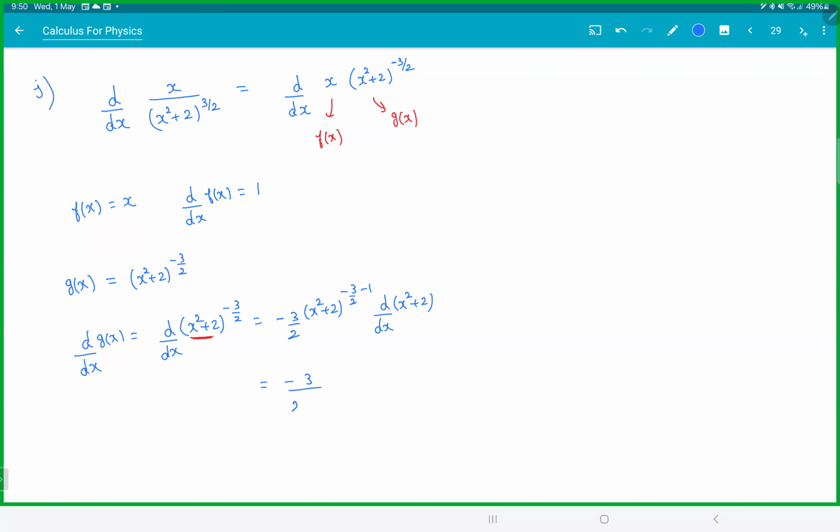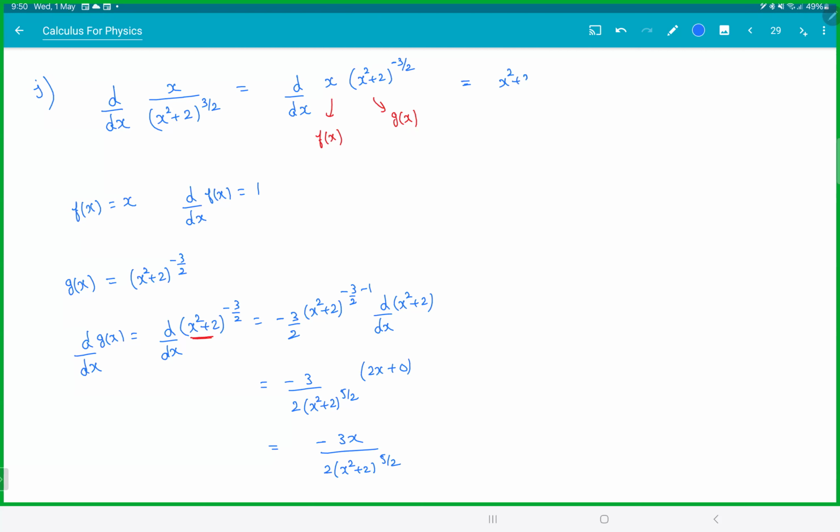This would be minus 3 by 2, (x square plus 2) to the power 5 by 2, and that is 2x plus 0. That would be minus 3x by 2 into (x square plus 2) to the power 5 by 2. Please check.